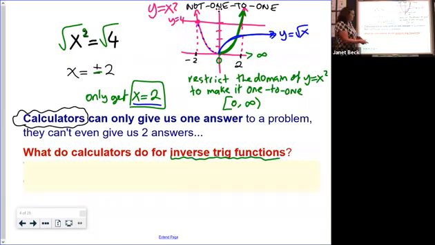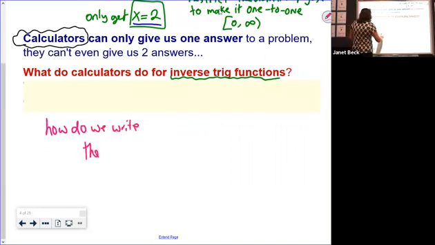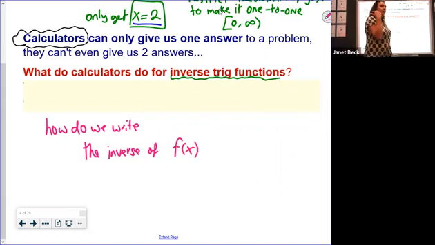how we write things. How would I write in math the inverse of a function f of x? Now, if you try to type it into your keyboard, it's a little tricky, isn't it?